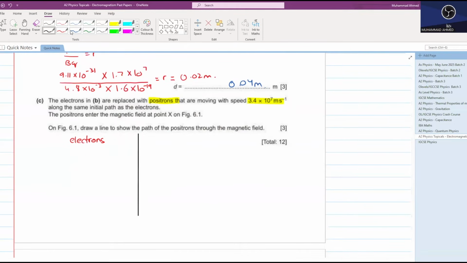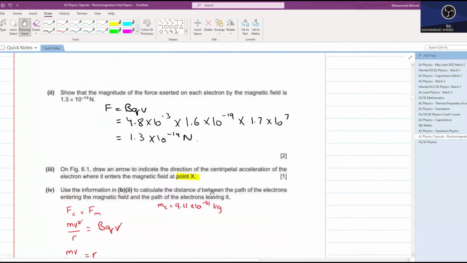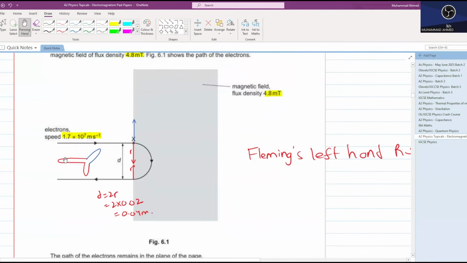The first thing that you must know is electrons are negatively charged. Positrons are positively charged. Now what will this do? Your current will now start pointing towards the right for the case of positrons.